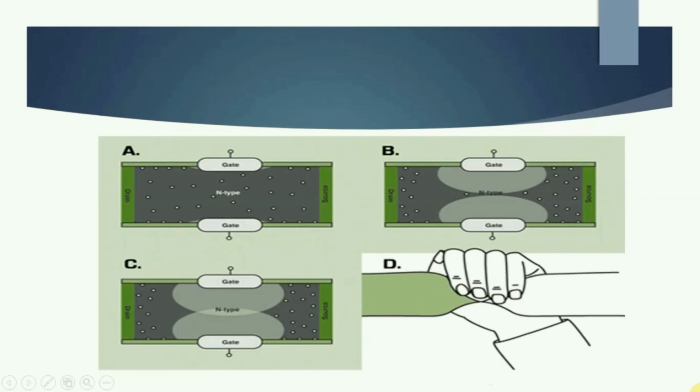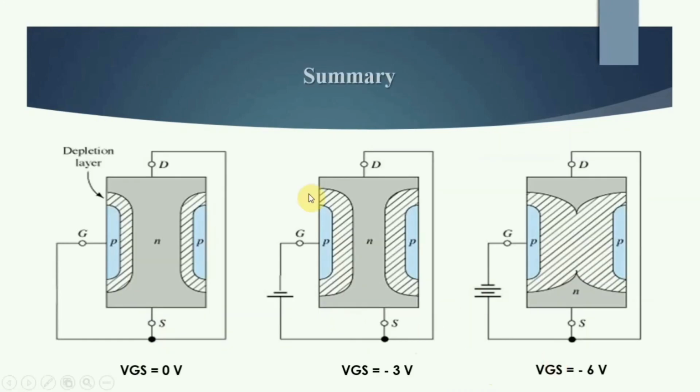So, as a summary, when VGS is 0, there will be a small depletion region. As you can see, the channel width available is maximum, so maximum current will flow. But if you apply some reverse voltage at VGS, say minus 3 volts, then the width of depletion region will increase, as you can examine from these two diagrams.